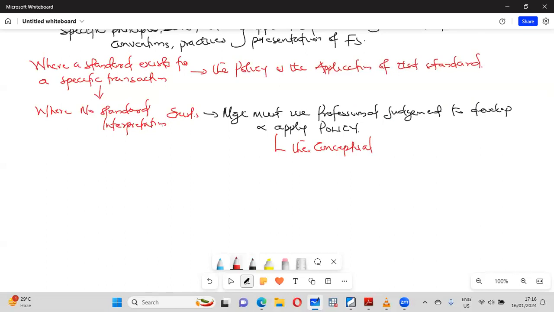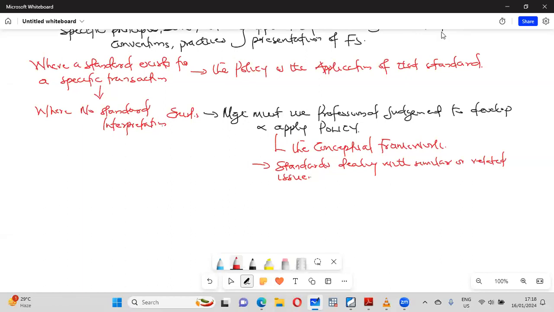Okay, so you have to go back to the conceptual framework, and if there is nothing there, find out if there are standards dealing with similar or related issues. So you look out for that.